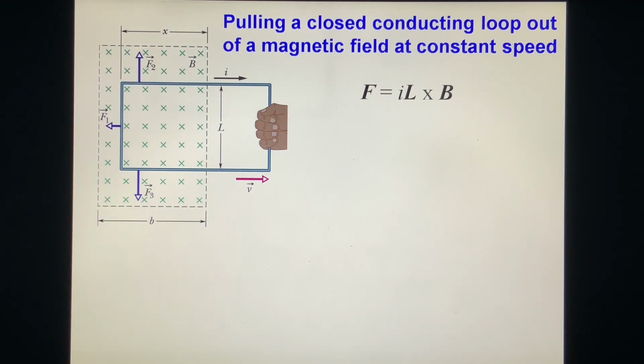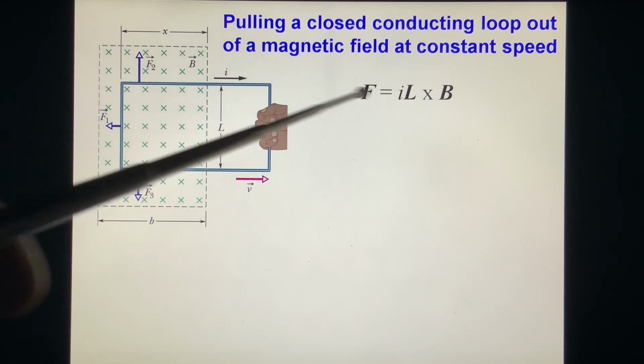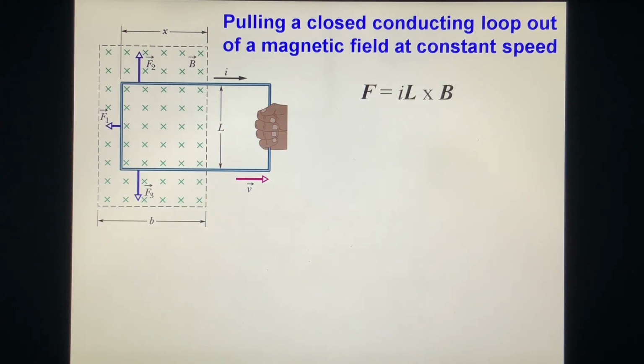Since you have a current, each side of the loop will experience a force, I L cross B. We look at this by symmetry. They are the same in magnitude and opposite in direction. Why? This point the current goes this way, this point the current goes this way, so they cancel out. Only F1 is what we have to deal with.